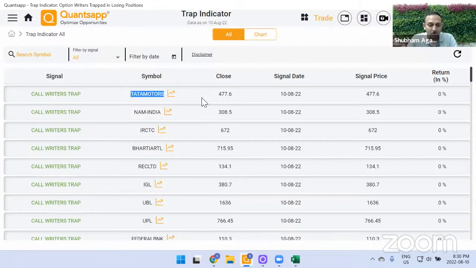But the moment the bhav copy comes, if the open interest changes marginally, Tata Motors may not go out of the list, but if the open interest changes significantly, which is not in our control, then you might see that it went off the list after market. So the best time to look at this data is tomorrow morning before the market opens. You see what the data is, you know that it is not going to change, and then on the next day morning, you go and take that trade.